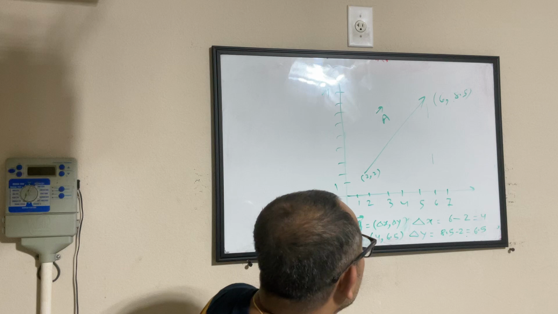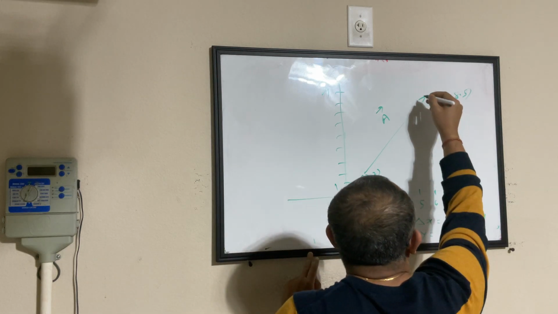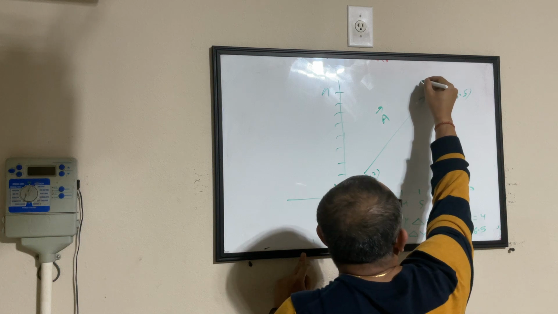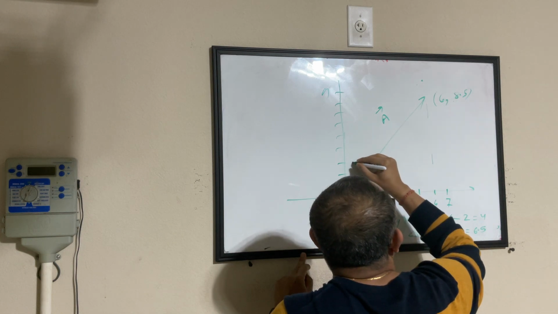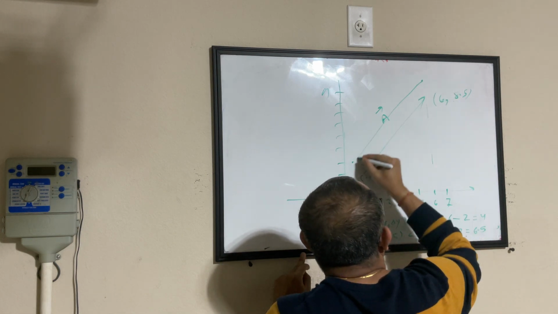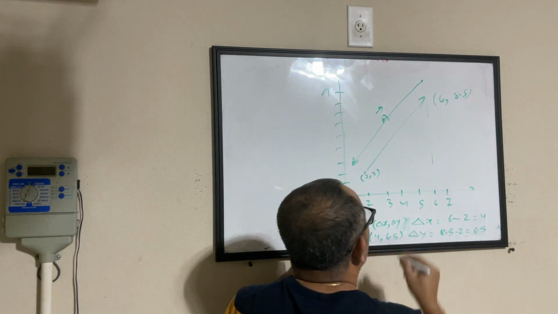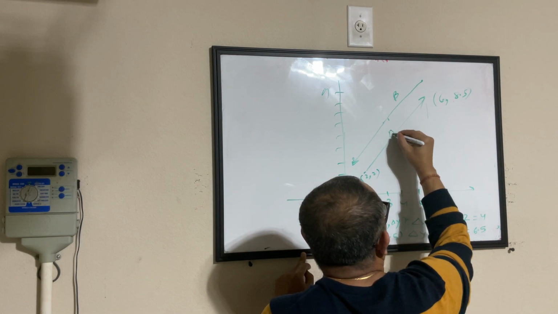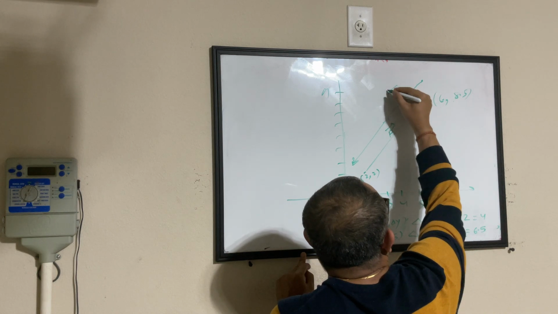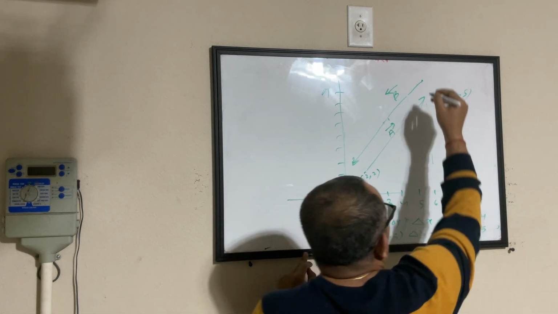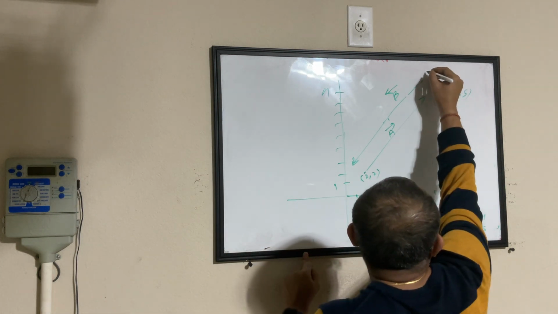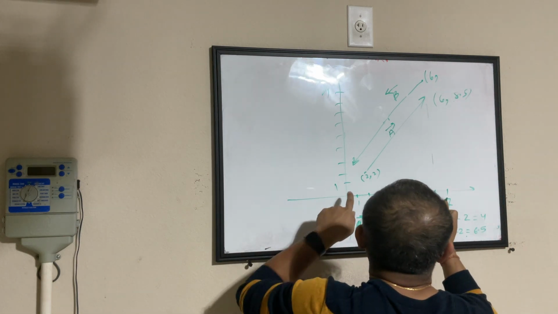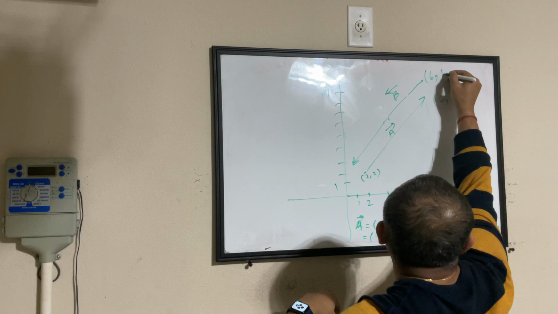So this is my vector A. Now let's look at the other vector, which is vector B. So this is A and this is B. My origin point is here, I would say probably 6, maybe 10.